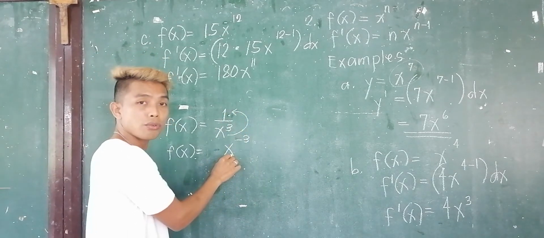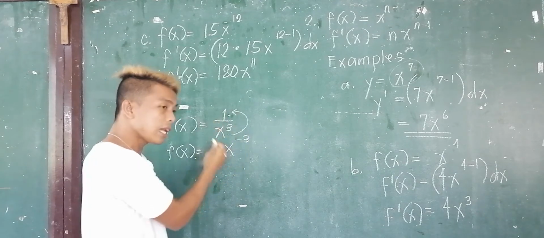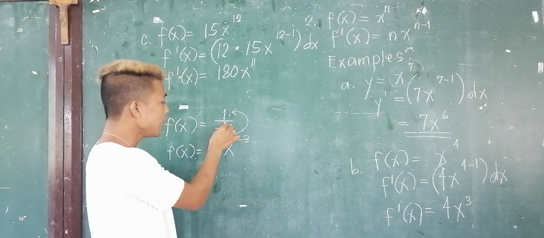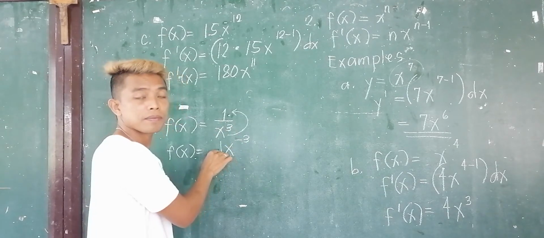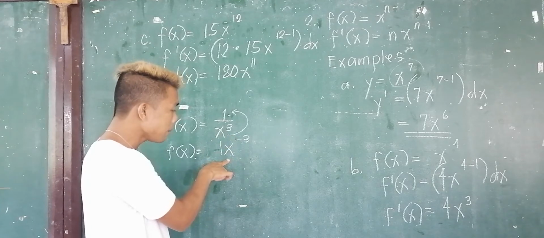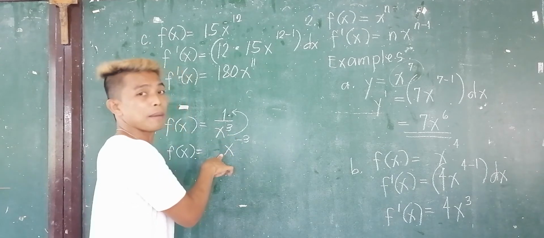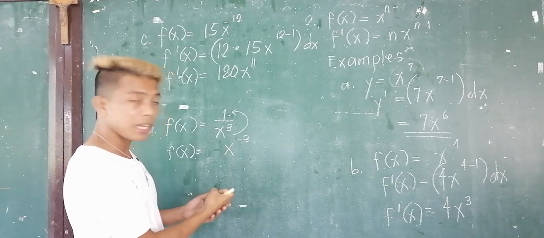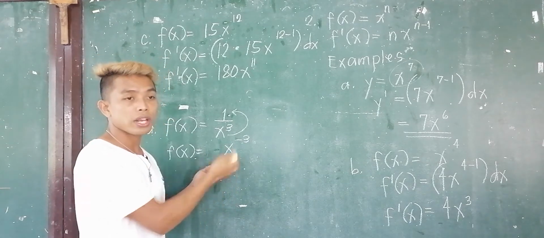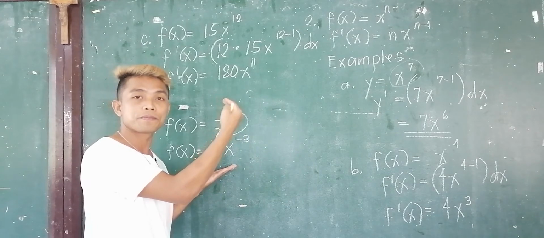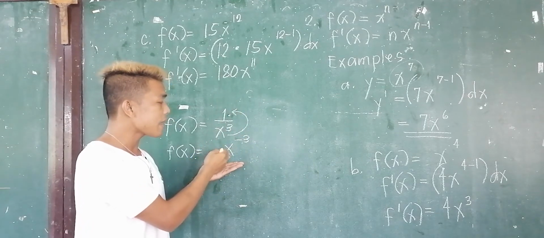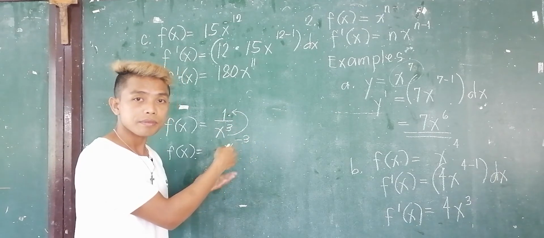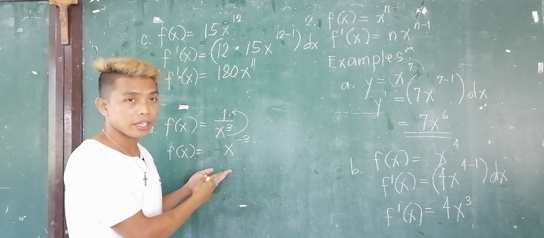So it becomes x cubed, but because we changed its position, it becomes negative. What happened to 1? It just sits beside x. Since it is only 1, when you multiply x by 1, only x remains, so we no longer write it. What happened in the denominator? You no longer have a denominator because you brought x cubed up. Therefore, we have x raised to negative 3. Okay? I hope you are following.